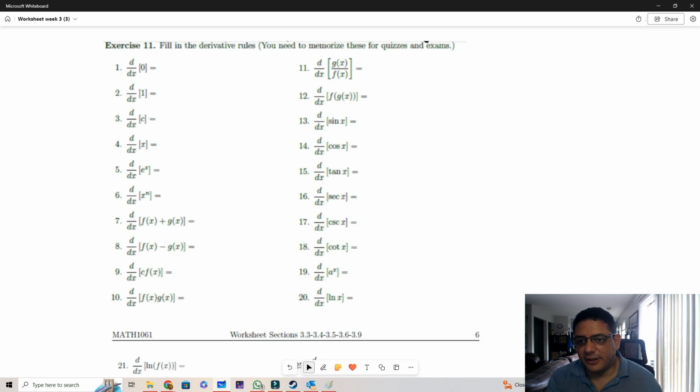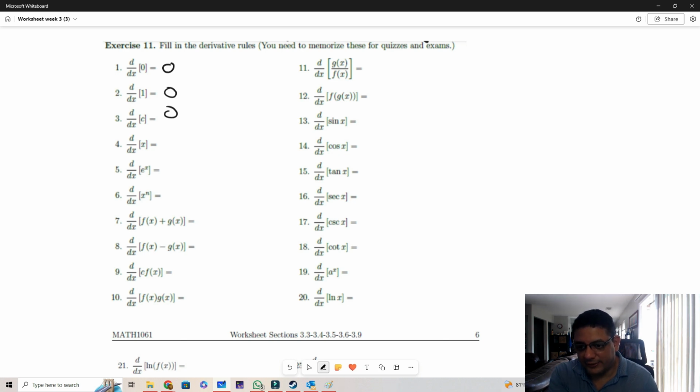So now exercise 11 is pretty much just reminding you of what the derivatives of diverse functions are going to be. And you're going to need to memorize this for quizzes and exams. So it's always a good idea to have these rules and these particular functions clear. For example, the derivative of 0 is just going to be 0. It's a constant, and the derivative of any constant is 0. That's why 1 and c are also going to be 0.